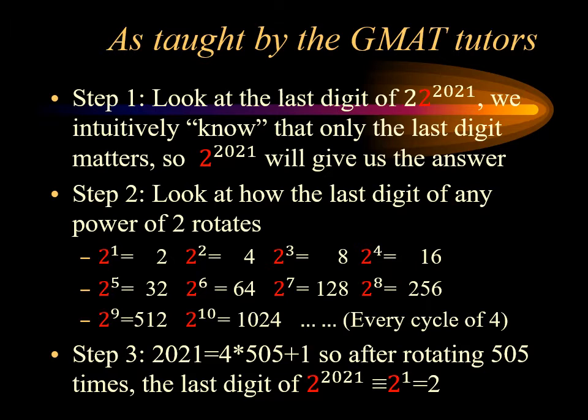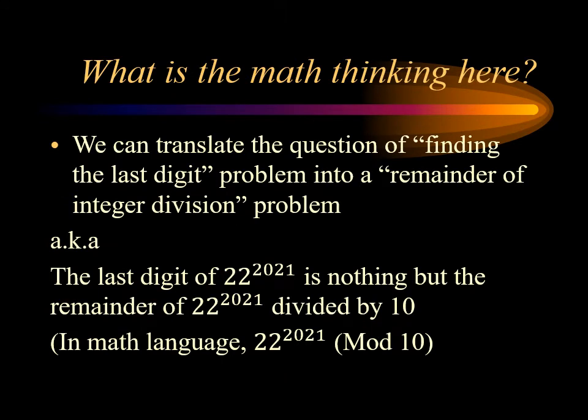So you can simplify that 2021 to 1, and the last digit of this problem is 2, and problem solved. That's the easy way to solve this problem.